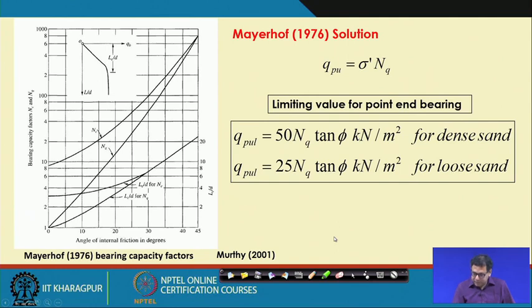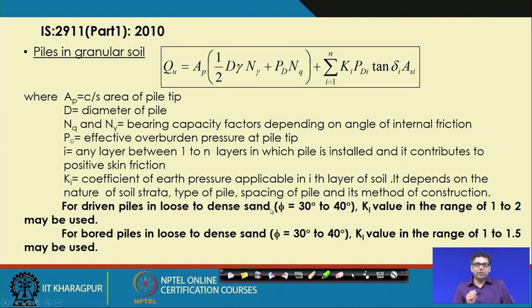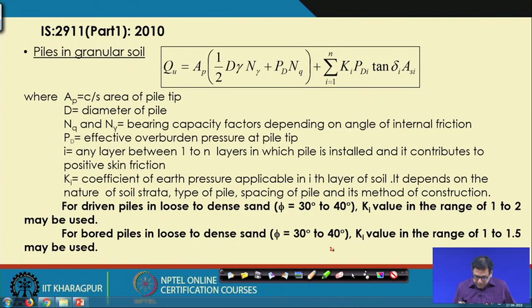So, now this is the Meyerhoff's method I have discussed, this is the limiting value, and these are the values I have taken. Now, I will go to the IS code part. It is a homogeneous soil, it is for layered soil also, but it is the homogeneous case. The difference is that here it is a driven pile, and phi is 40 degrees.